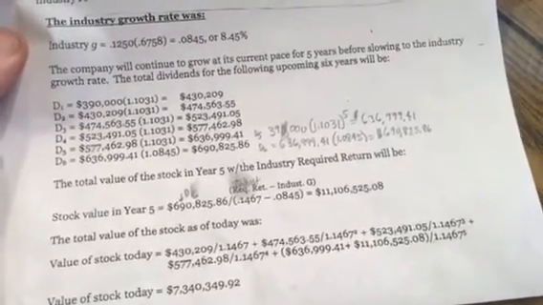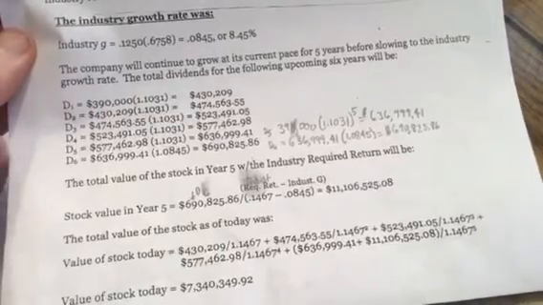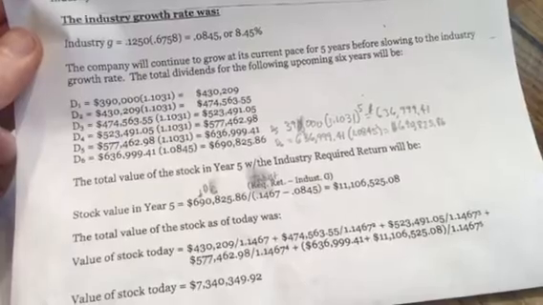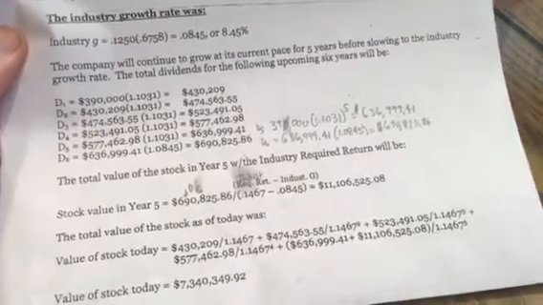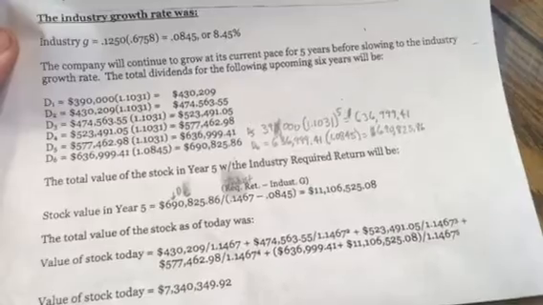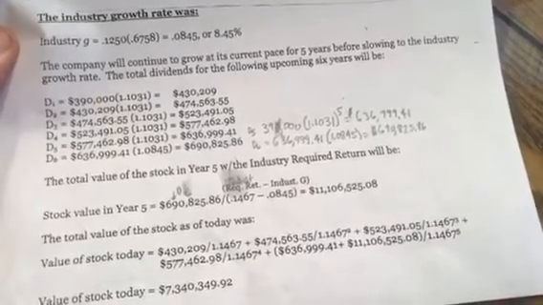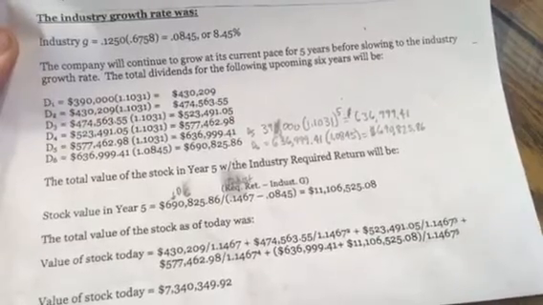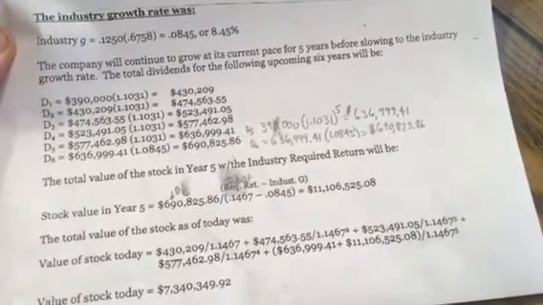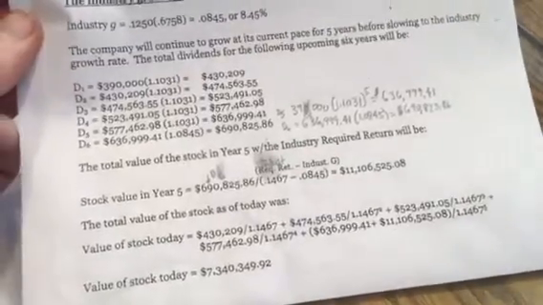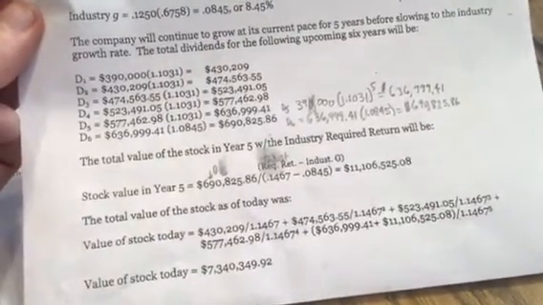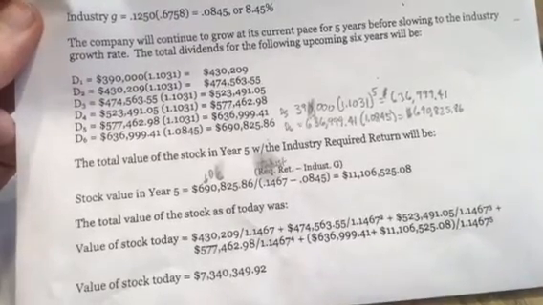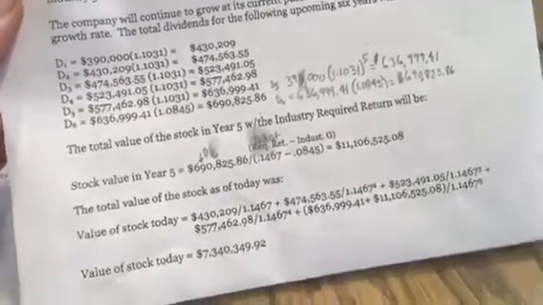But in the final term, we took D5 and then added D6, so the 11 million became the terminal value, and then we divided that by 1.1467 to the fifth power. So the value of the stock today would be 7,340,349.92.